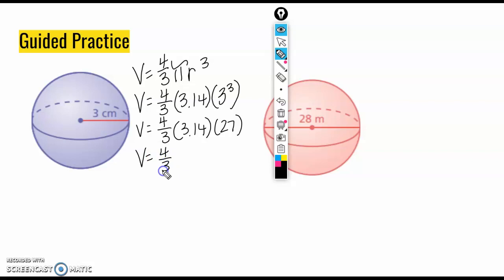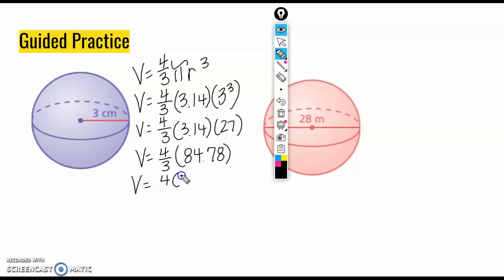Now we're going to multiply pi times 27. So 3.14 times 27 gives us 84.78. Now again, remember the easiest way for us to take 4/3 of our number is to multiply by 4 and then divide by 3 in the end. This is the same as taking 4/3 of it.